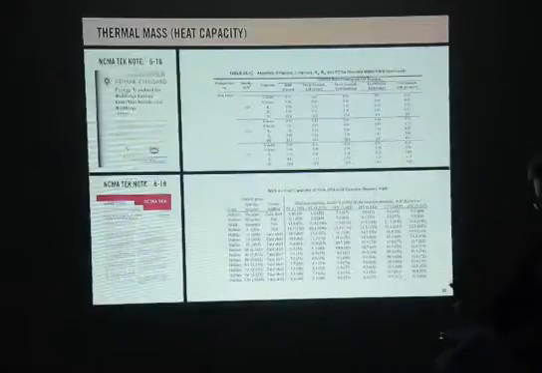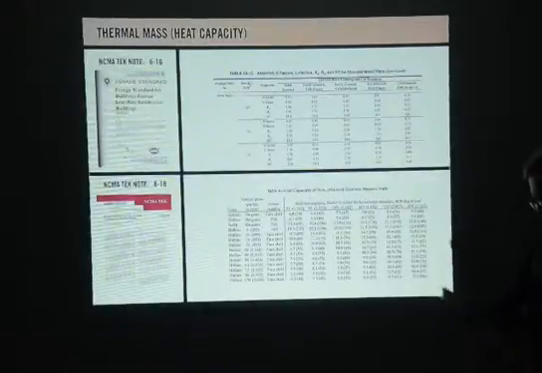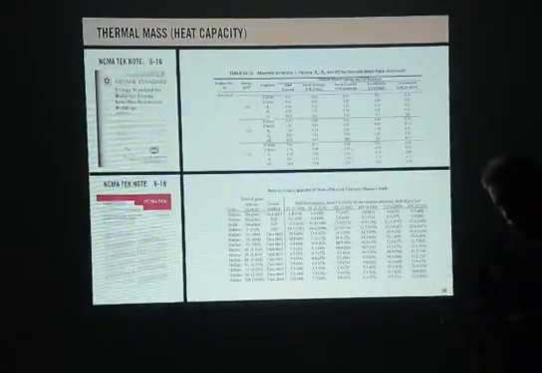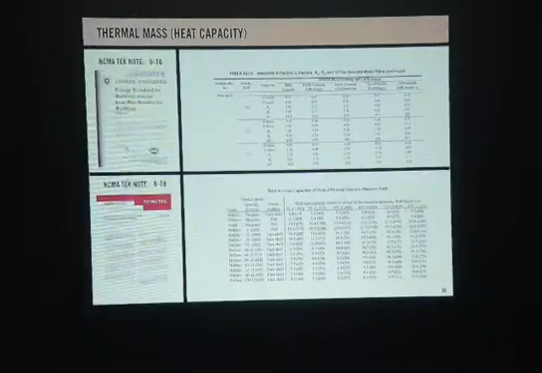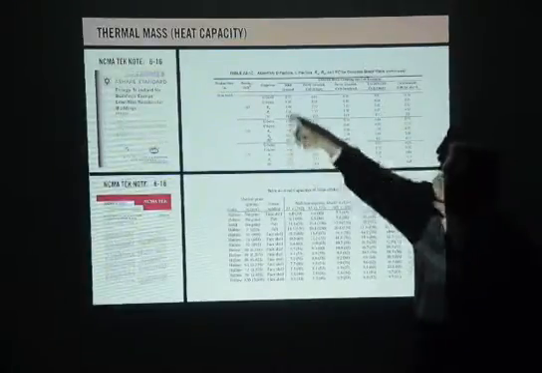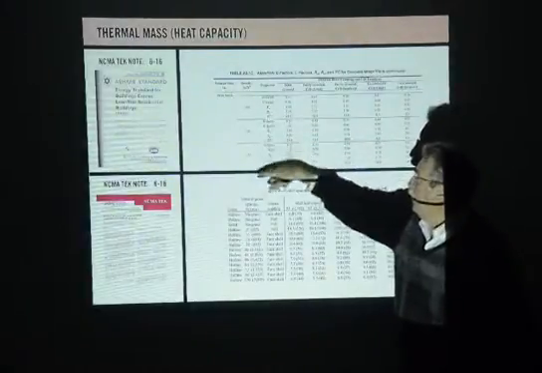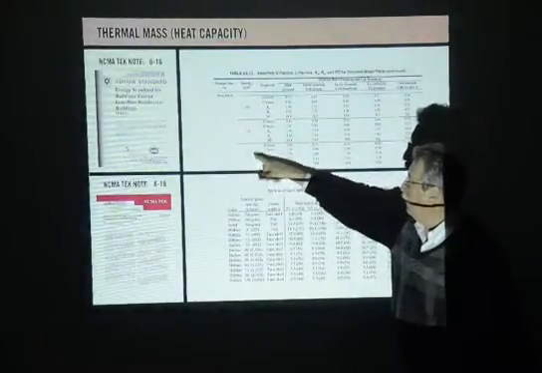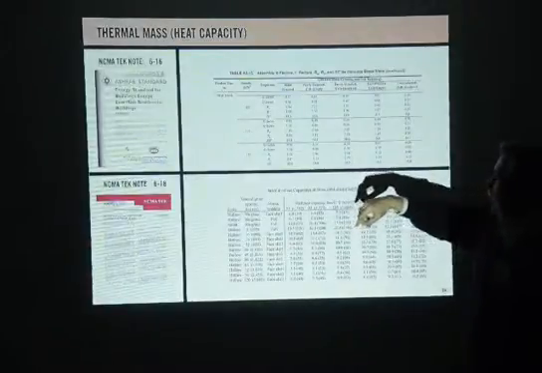Flip to the area that I need to go to. The more dense the block, the greater the heat capacity of different wall assemblies. On the first chart here, it's hard to read. These are all U factors with lightweight, medium weight, and normal weight block.